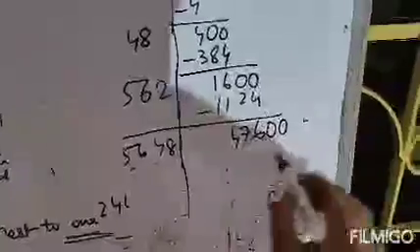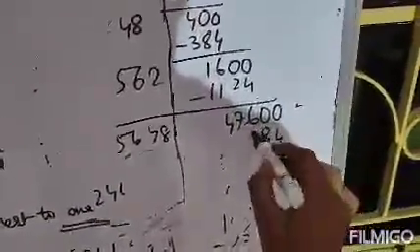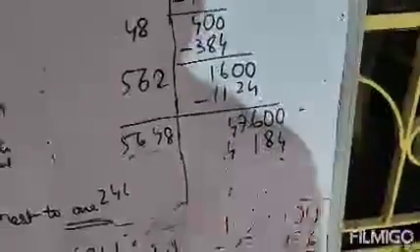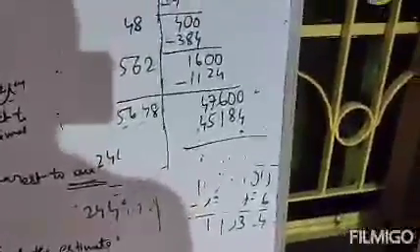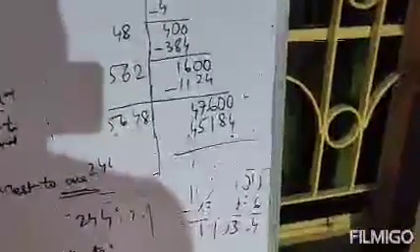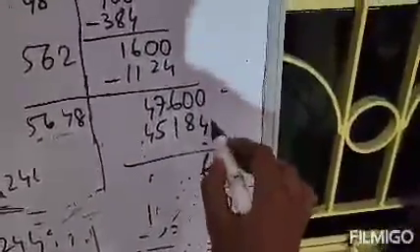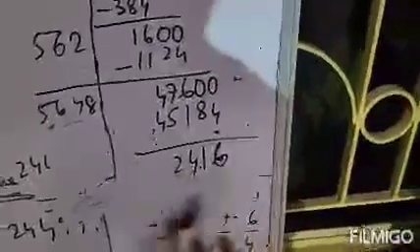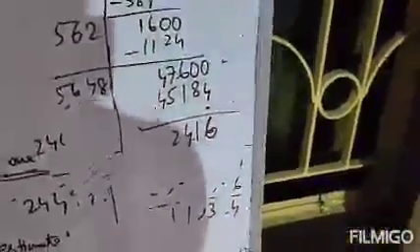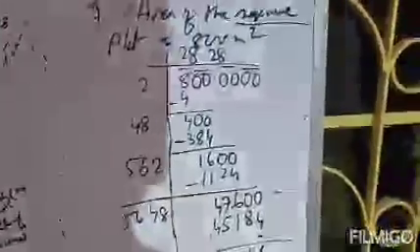Do it again by 8. Clear. So 2416, so it is 28.28.